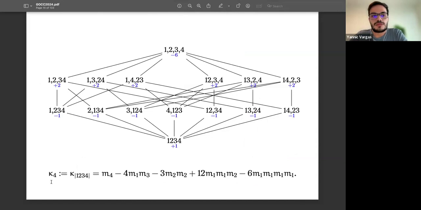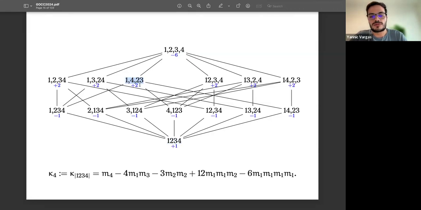Is everybody okay with the Möbius function? Okay. So the Möbius function on a poset is a function defined recursively. In blue here, I'm indicating the Möbius function from the minimal element to the selected term. So for example, here the Möbius function is 2, meaning that I'm looking at the Möbius function on the interval from the minimal element of the poset to this element.